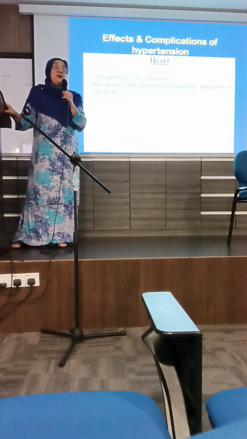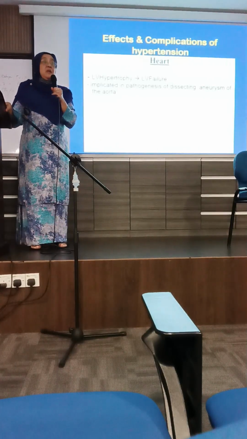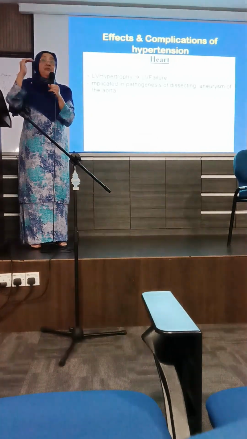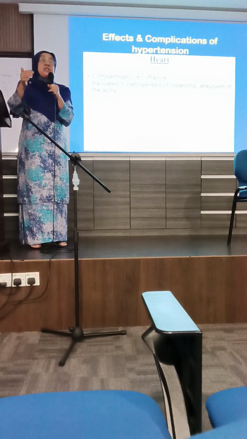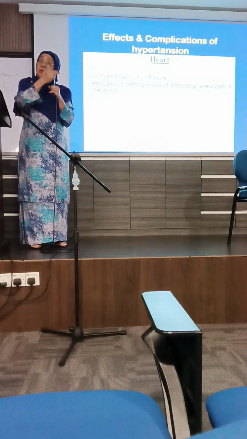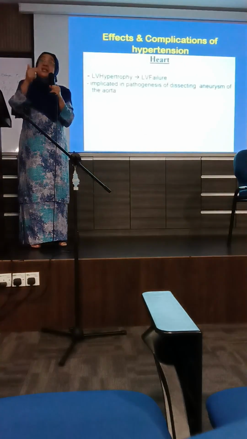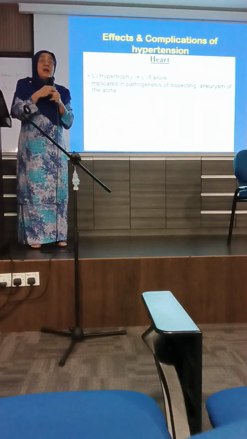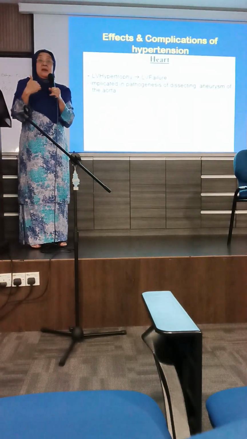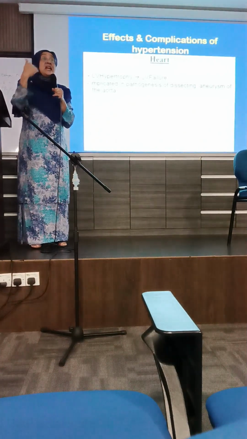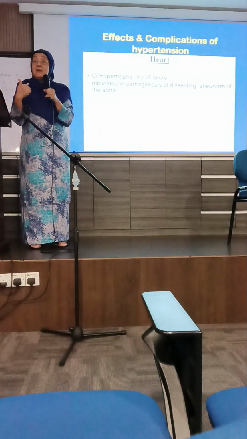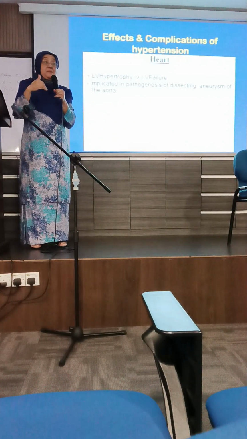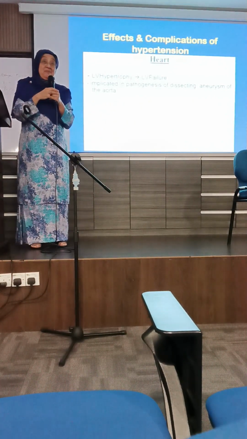Congested. What happens? There is an obstruction to left ventricular outflow. Left ventricle is connected to? Aorta. Where does the left ventricle get its blood? From the vein. Left ventricle.